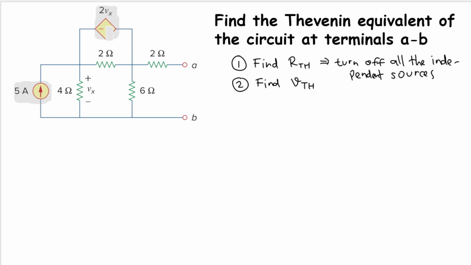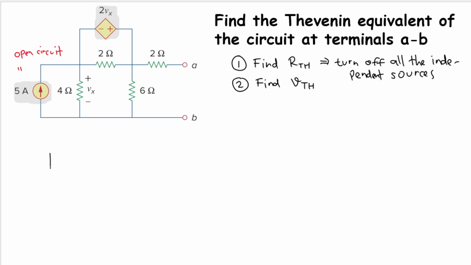This is a dependent one, so we do not turn off this. So we turn off this current source, and we replace it by an open circuit, right? Maybe let's redraw the circuit first. So to find out the RTH, this will be replaced by an open circuit, so I don't draw it.